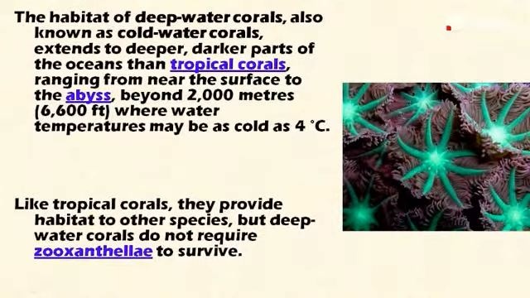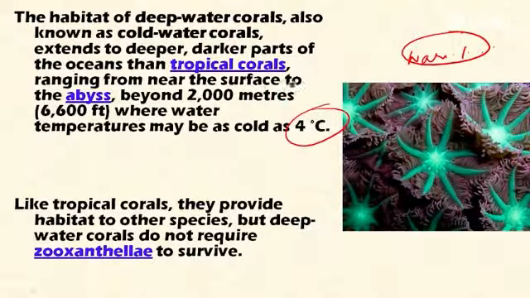We also have the deep water corals, also known as cold water corals. We learned earlier that coral reefs require warm, clean and clear water. But these deep water corals can thrive in very cold temperatures.